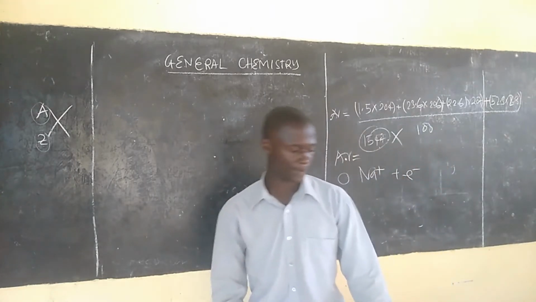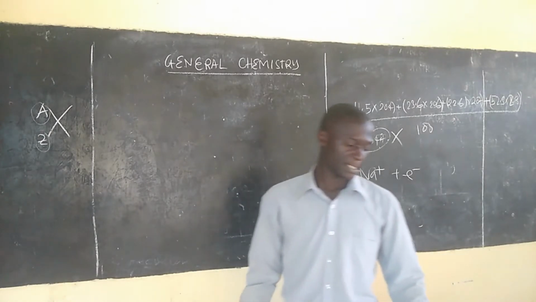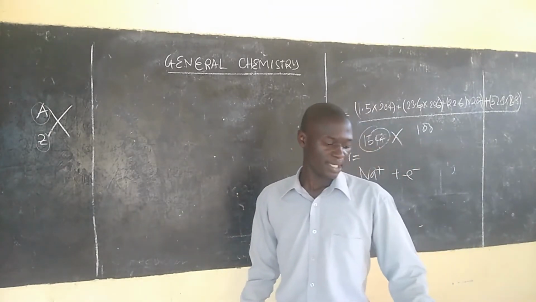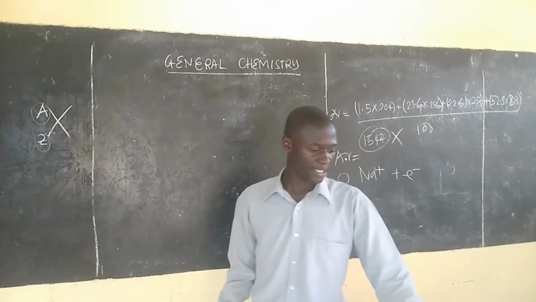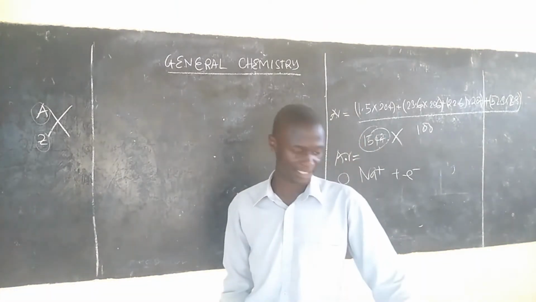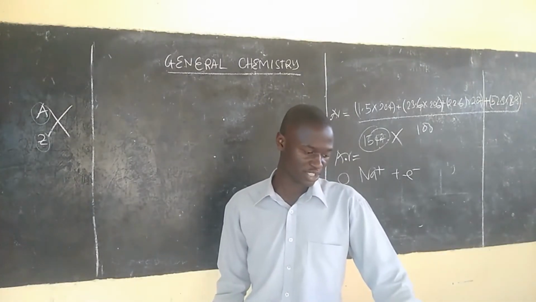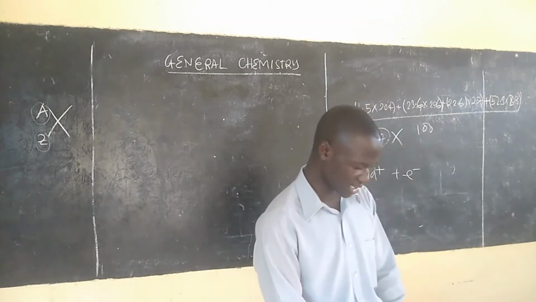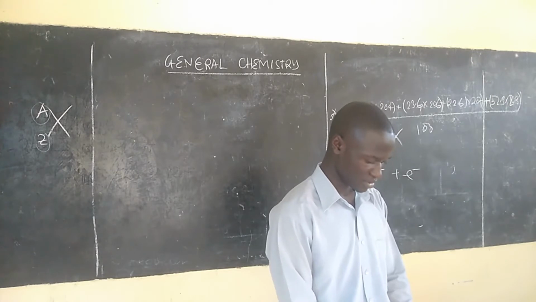Rutherford's atomic model. In order to understand the arrangement of electrons and protons in an atom, Ernest Rutherford and his students in 1990 performed a series of experiments. I am not sure if this is 1990, I think it is 1890.